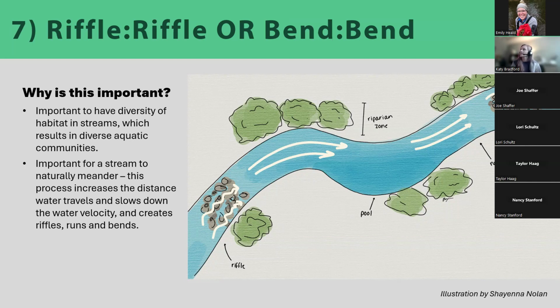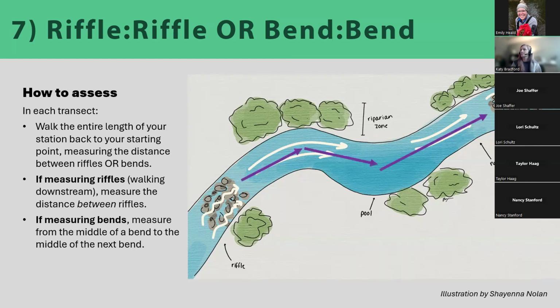So how do we assess riffle to riffle, or bend to bend? This is actually the only one of the measurements which you don't do by transects, which is why I saved it for last. You're going to walk basically back to your starting point, your entire stream, and you're either going to measure the distance between riffles or the distance between bends.